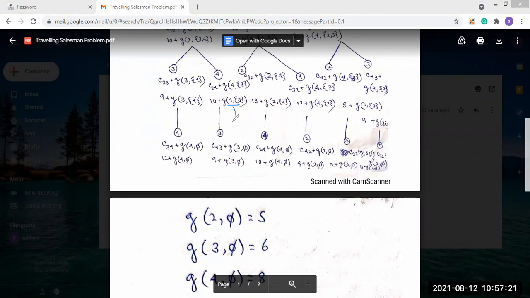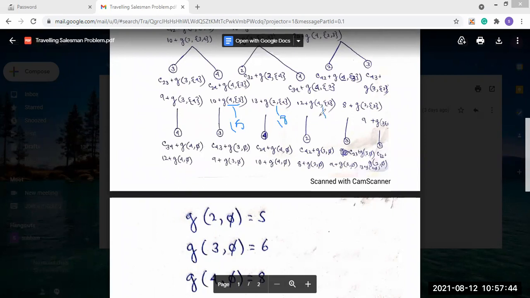That means the 4 to 3 value will be 15. Then G2, 4: this value will be 10 plus our 4, 1, that means 18. So the 2 to 4 value will be 18.